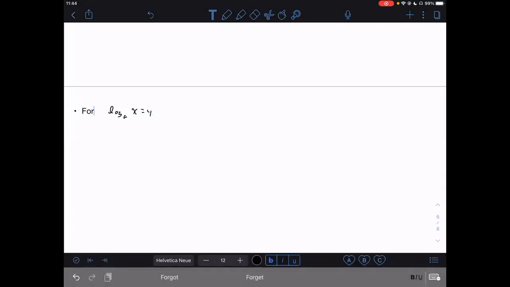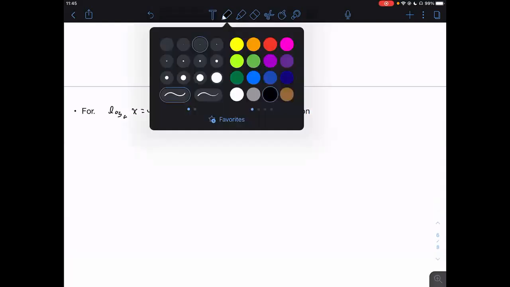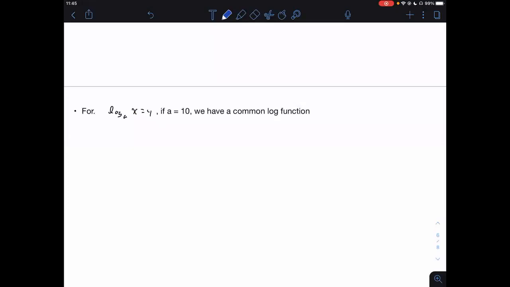But if we have a log expression and our base a is equal to 10, then we recall from algebra that we're dealing with what's known as a common log function. Here we have log base 10 of x equals y.